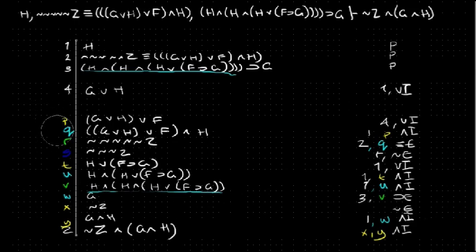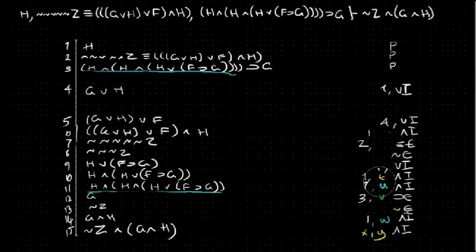So now I just need to go through once more and renumber these. So 5, 6, 7, so 15 in all.